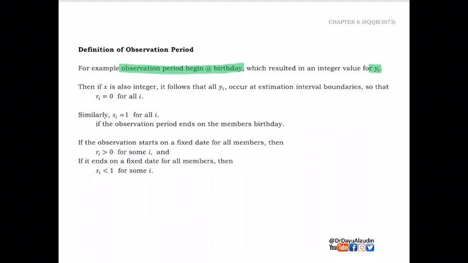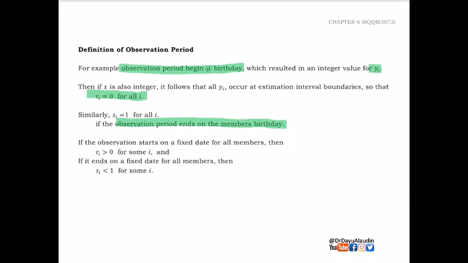For example, if the observation period begins at birthday, which results in an integer value for YI, then if x is also an integer, it follows that all YI occur at estimation interval boundaries, so that RI is equal to 0 for all I. Similarly, SI equals 1 for all I if the observation period ends on the member's birthday. So it becomes an integer.